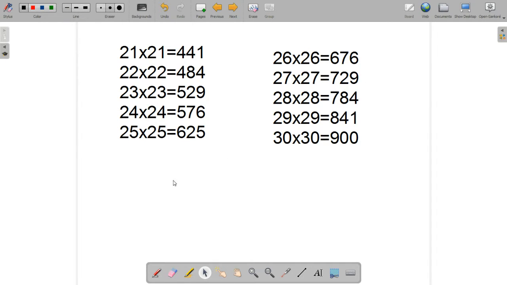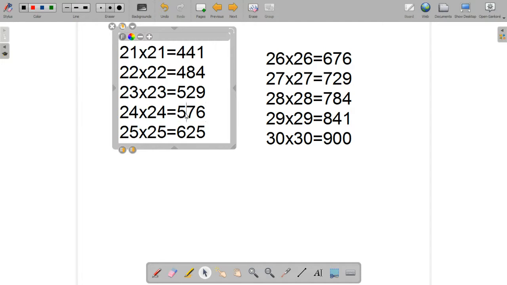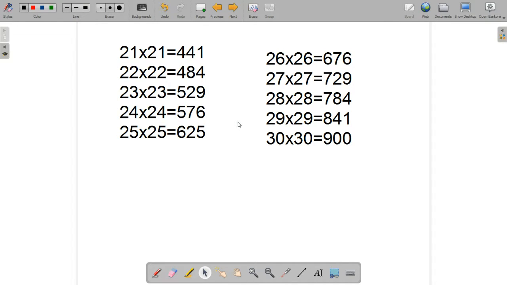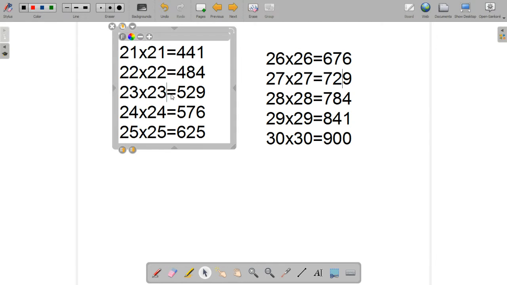So it's obviously still going to be in the 600s. So you keep that 6 and just copy the next 2 numbers from here. It's the same thing for the next numbers. You're gonna add like 50 some, so it's obviously gonna be in the 700. So we get the 7 and we copy the 29 from the 23.